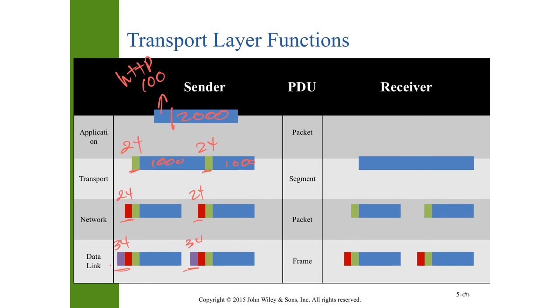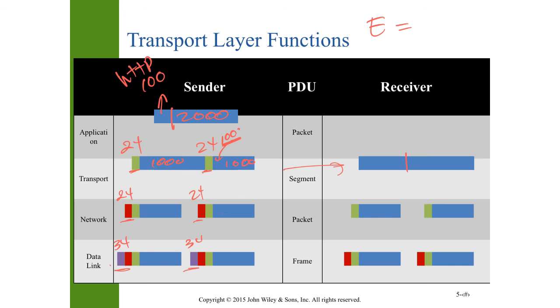But the HTTP, which is 100, will only be added once, to that first segment, because I don't need HTTP in the second one. When it gets to the other end, it only needs the HTTP once.